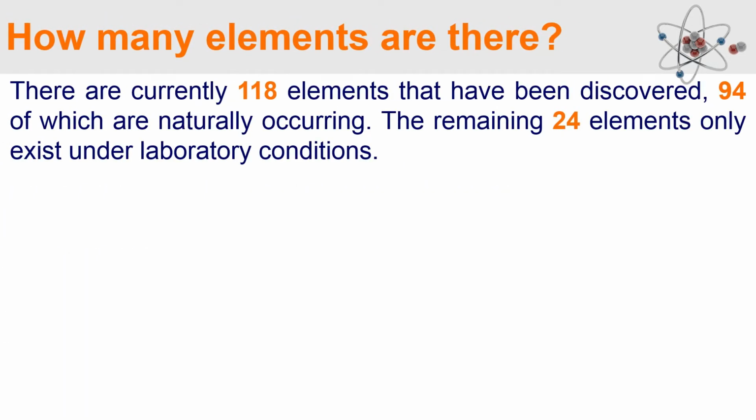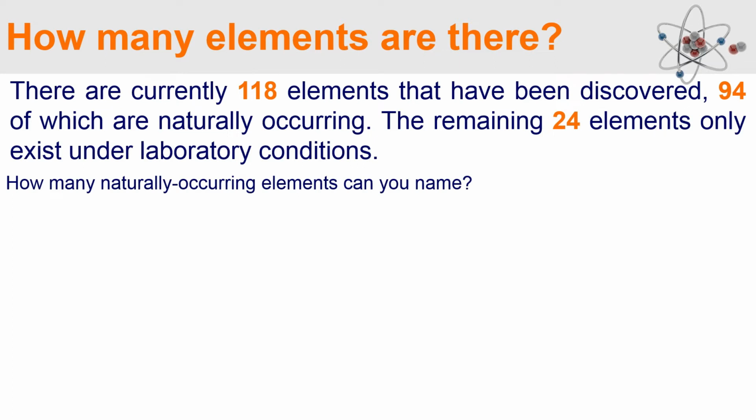So how many elements are there? There are currently 118 elements that have been discovered, 94 of which are naturally occurring. The remaining 24 elements only exist under laboratory conditions. Can you name some naturally occurring elements? Can you give an example?